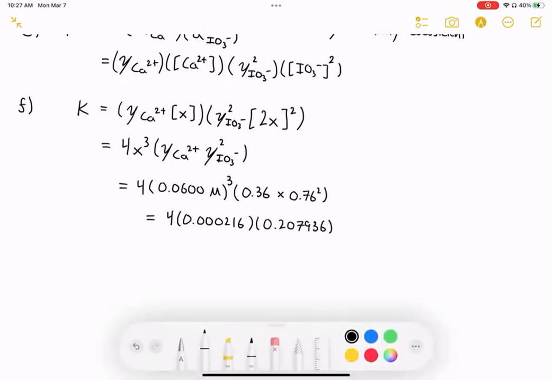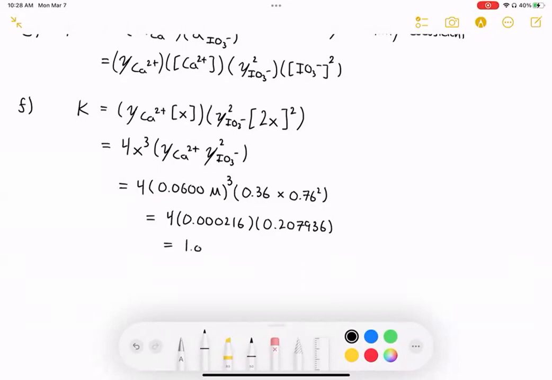So let's keep all the digits, multiply that by 0.000216 times 4, and we get our KSP.